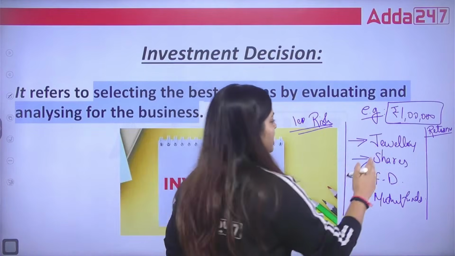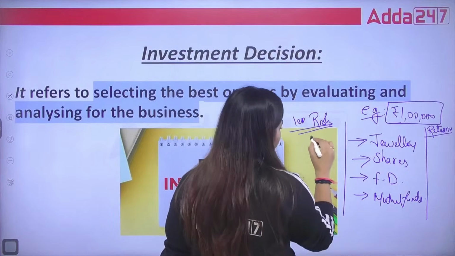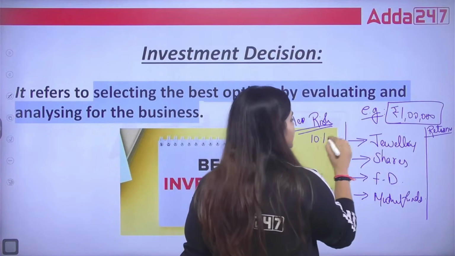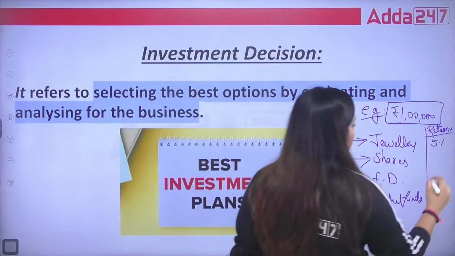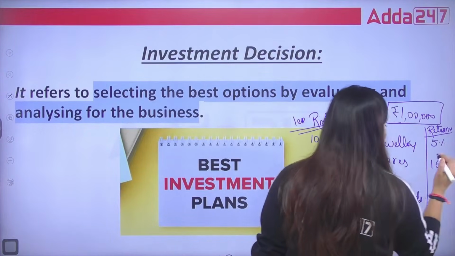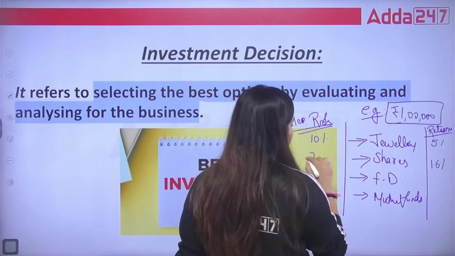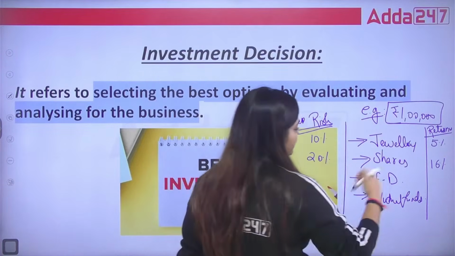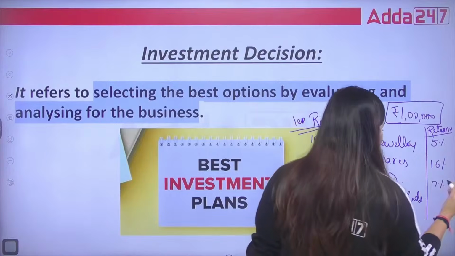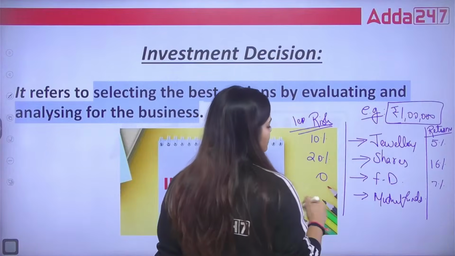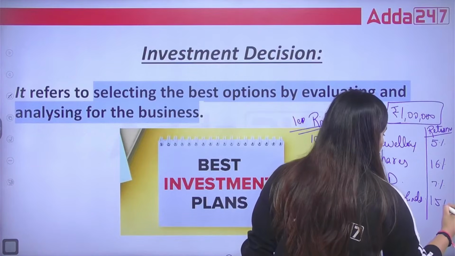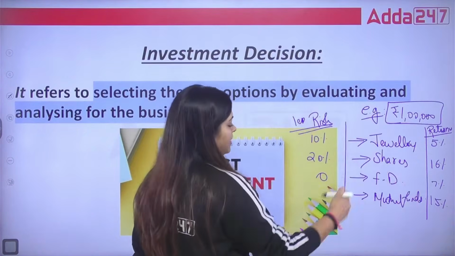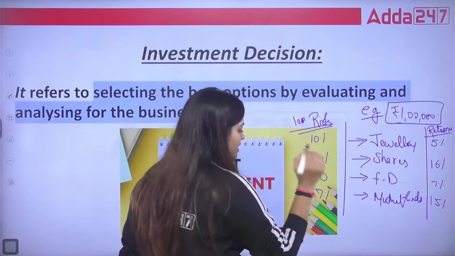So suppose if I'm saying if you go with the jewelry, the risk is suppose 10% and the return is just 5%. Shares, I can say you are going to receive suppose 16% return, but risk is suppose 20%. With the FD, you are earning suppose just 7%. On the other hand, there is zero risk. Mutual funds, you are going to receive this return suppose 15%, but risk is suppose 7%.